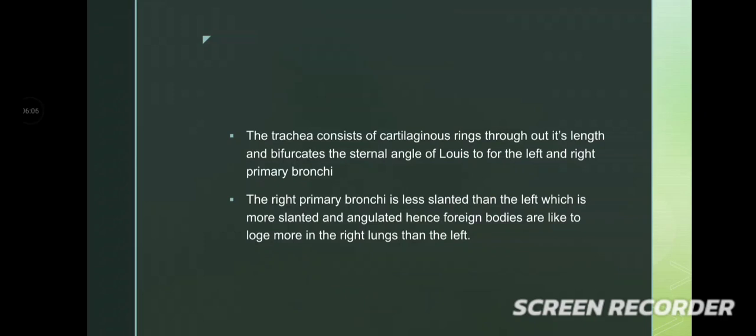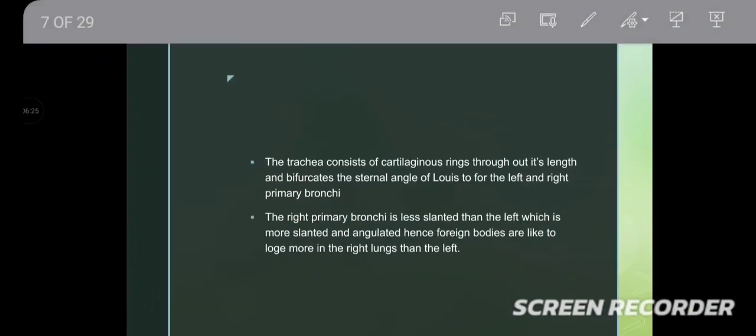Then the trachea. So the trachea consists of what? Cartilaginous rings throughout its length, and it bifurcates at the sternal angle of Louis to form the left and right primary bronchi. So the trachea is made out of cartilaginous rings.